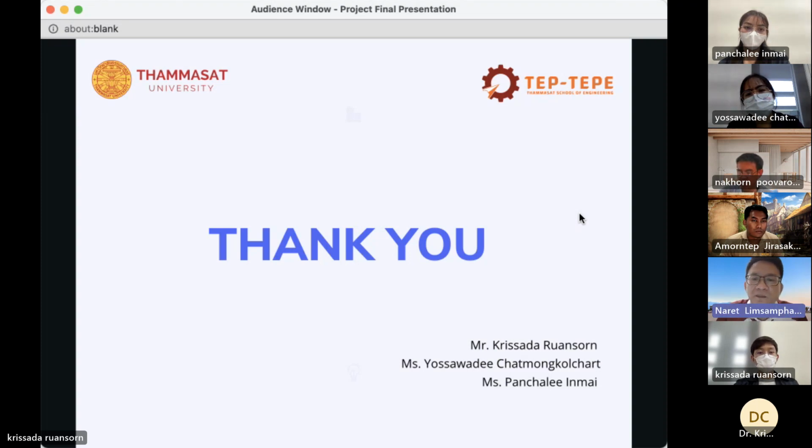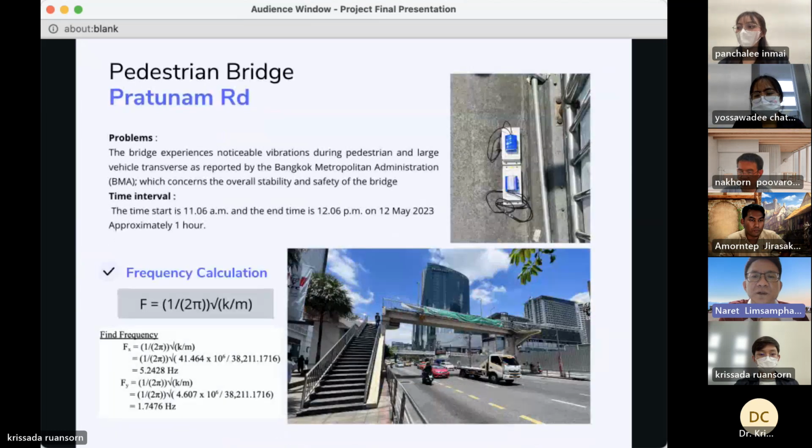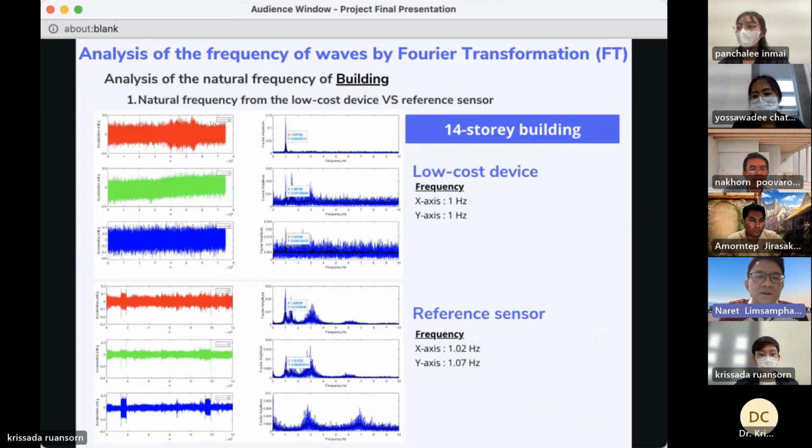My point is, let me see the graph, maybe the second or the third one, that you're showing the vibration of buildings. Yeah, that one. Go back. Yeah, this one, the green one. What happened to the green one?